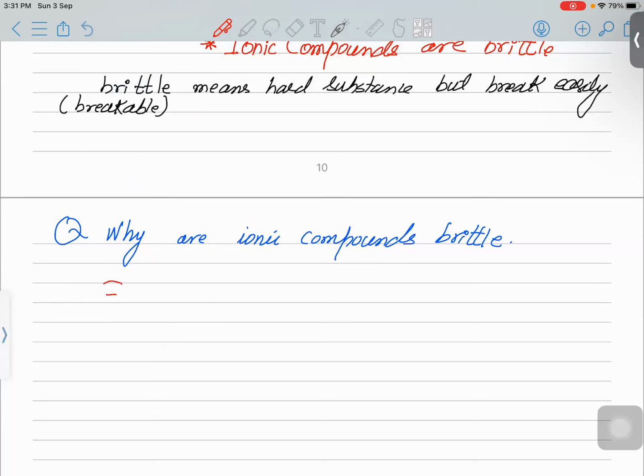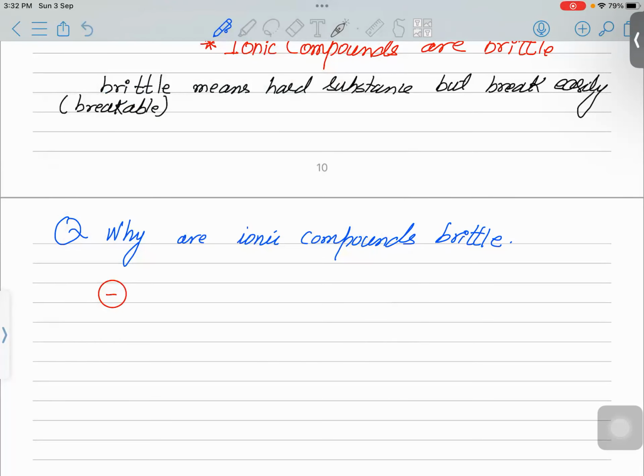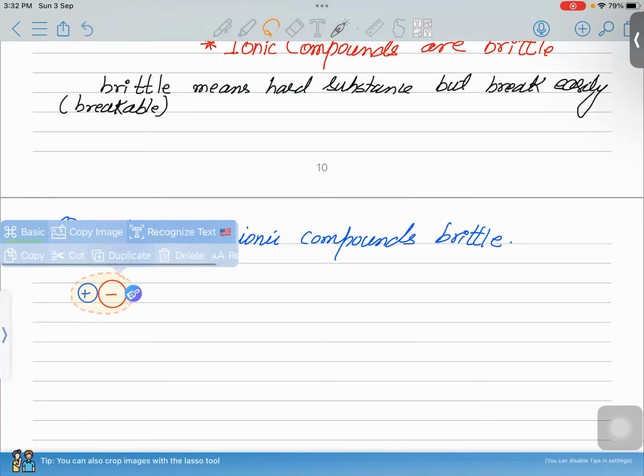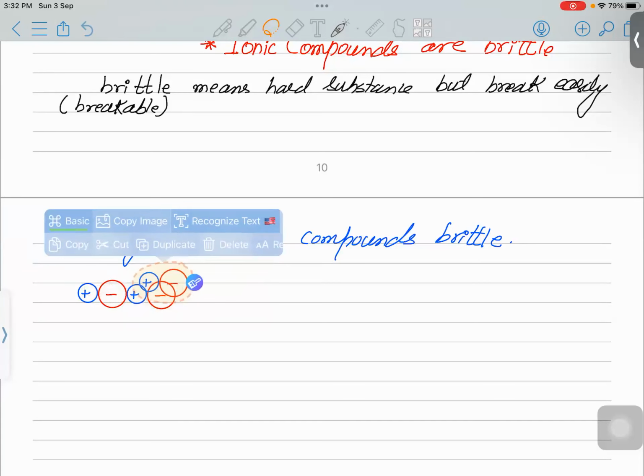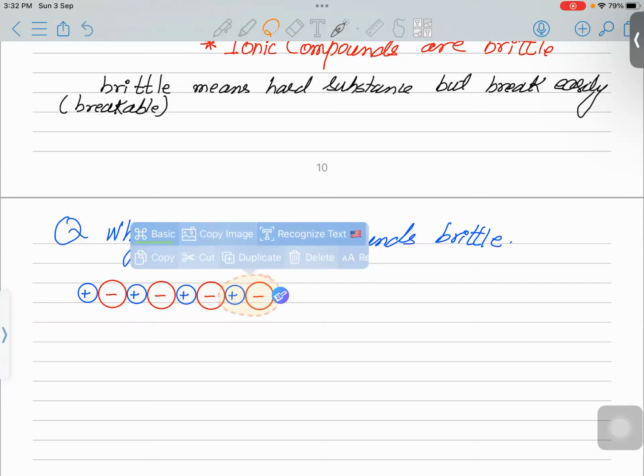Here we have a negative ion, and here we have a sodium ion. This is a positive ion. So we have a series of positive and negative ions.